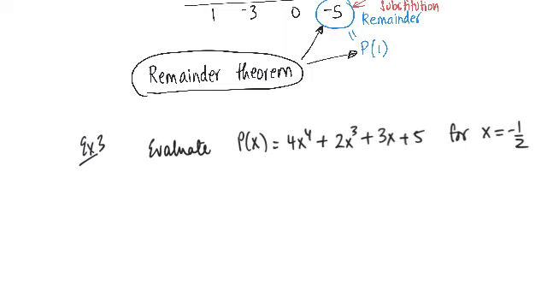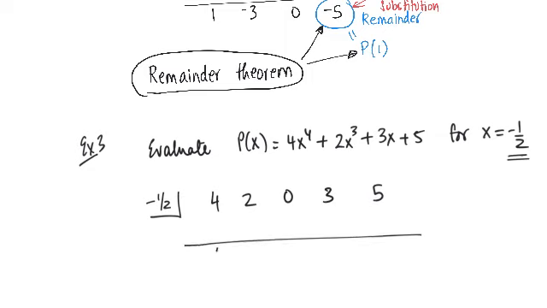So first of all, we set up our synthetic division, noticing that we're missing an x squared term, so we have to put in a 0 for that. And so that's my coefficients, and in the box I put in the number at which I'm trying to evaluate the polynomial.